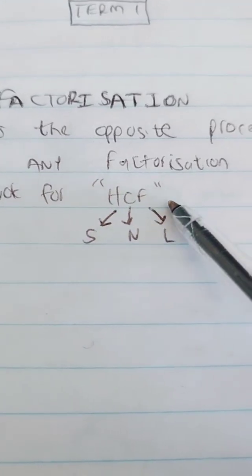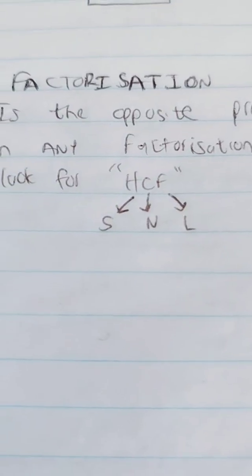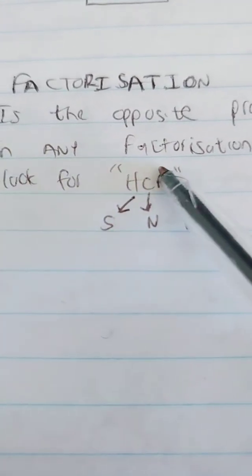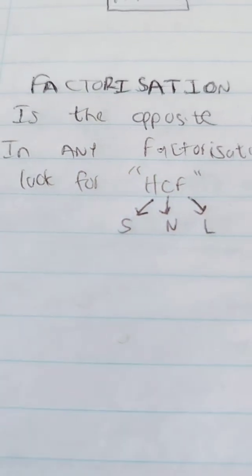Common means the same, and a factor is a number that goes into another number, fits into it perfectly, and does not leave a remainder. So we are talking about the highest number that is the same for every term, that fits perfectly into all the numbers in your expression without leaving a remainder.